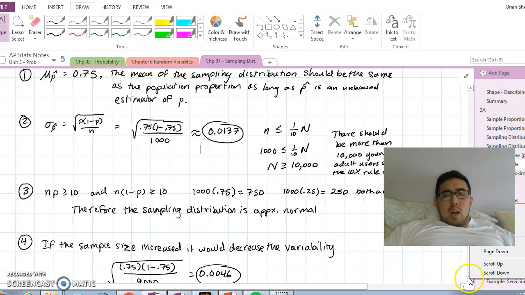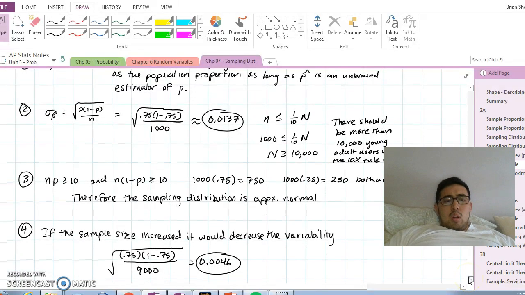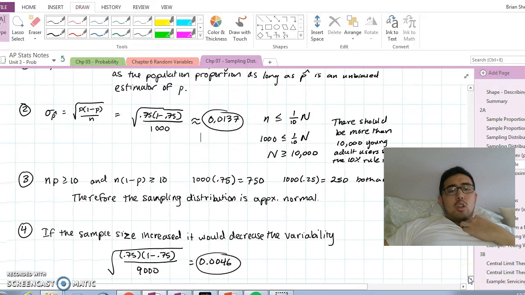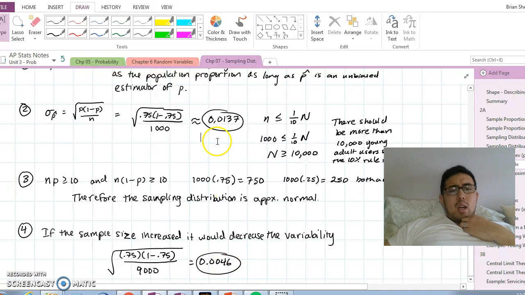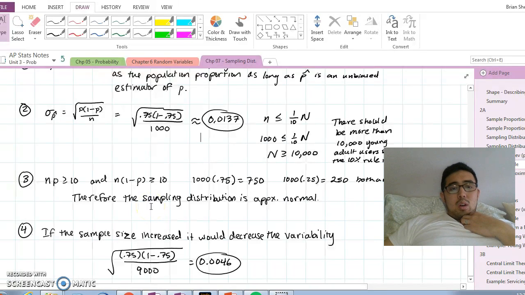And then last but not least, if the sample size increased, obviously the variability would decrease. Here I just did the calculation, and you'll find that this is actually a factor of 3. If you take the square root, 9 is just 3 squared.